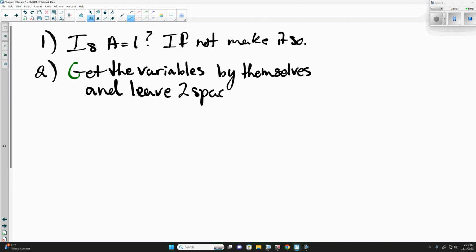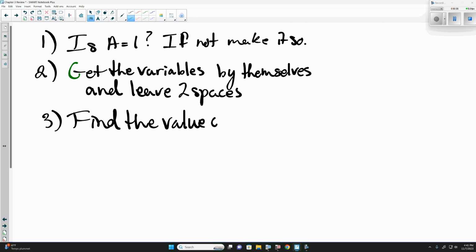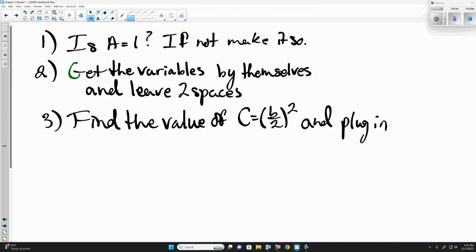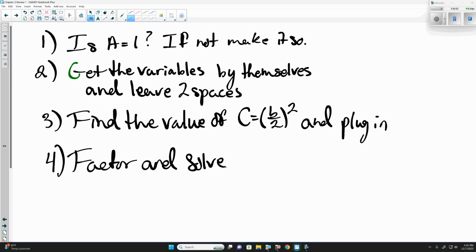There's going to be 1 space on either side of the equal sign. Step 3: find the value of c, which is equal to (b over 2) squared, and plug it in. Last but not least, factor and solve. These are the 4 steps to completing the square.